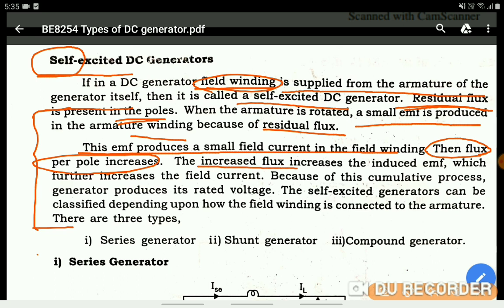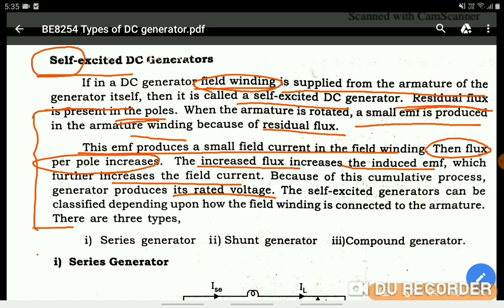This increased flux increases the induced EMF, which further increases the field current. That is why it occurs as a cumulative process. Because of this cumulative process, the generator produces its rated voltage.